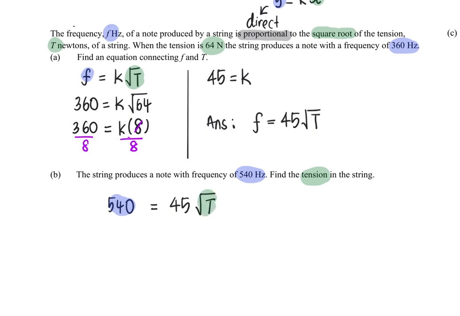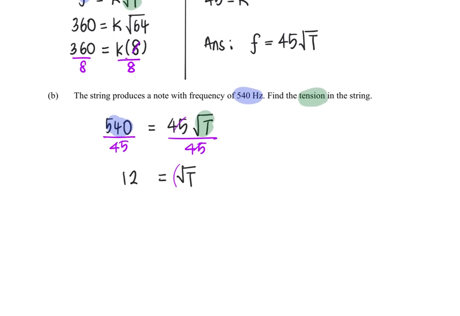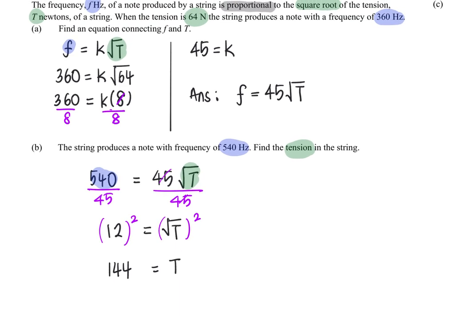From here, I can continue to solve by dividing by 45 on both sides. And this will give me a value of 12. Therefore, I just need to square both sides. And I found the value of T, the tension, which is 144.